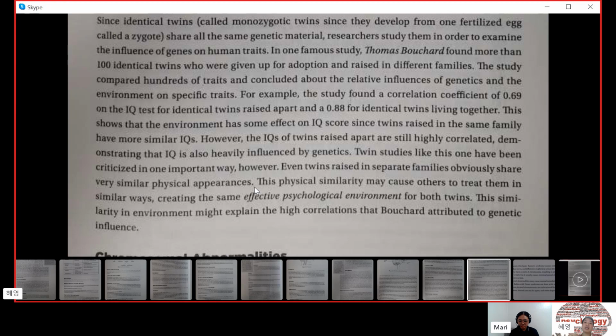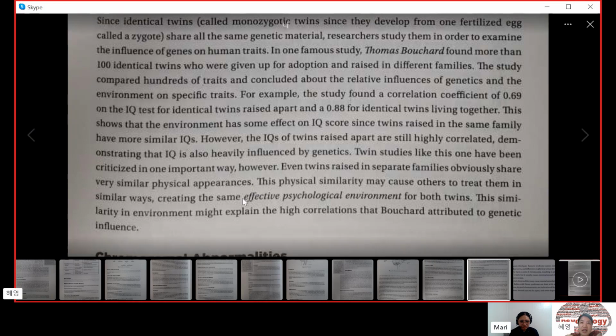This physical similarity may cause others to treat them in similar ways, creating the same effective psychological environment for both twins. This similarity in environment might explain the high correlation.